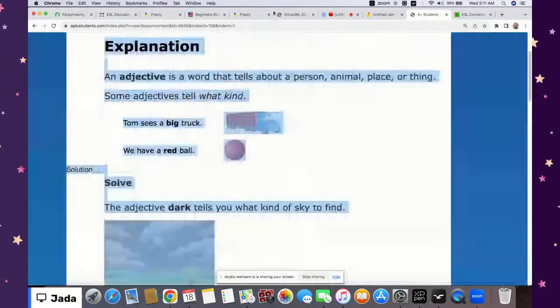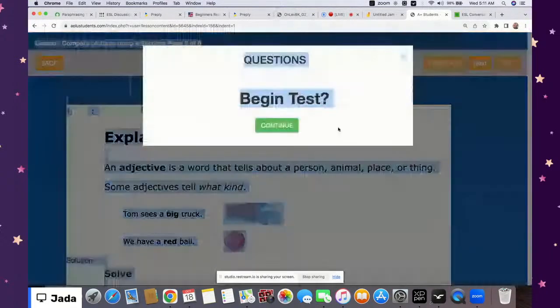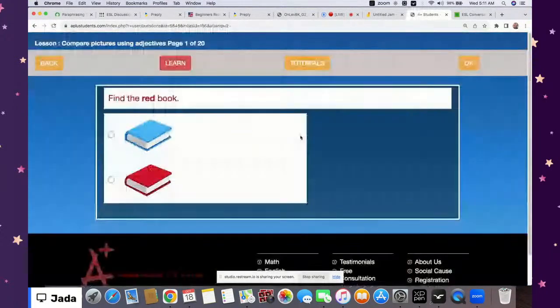Okay, so now try to go to the test and then we will see if we understand. Now, red book. I want you all to send your answers, okay? Let's have an interaction on the chat, okay? If your answer is the first one, you send me one or two, okay?